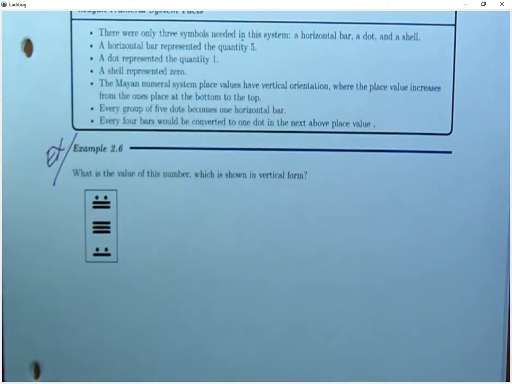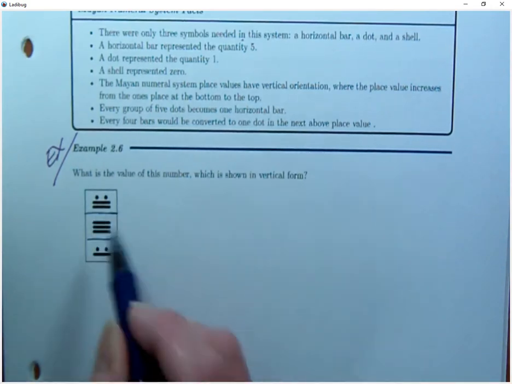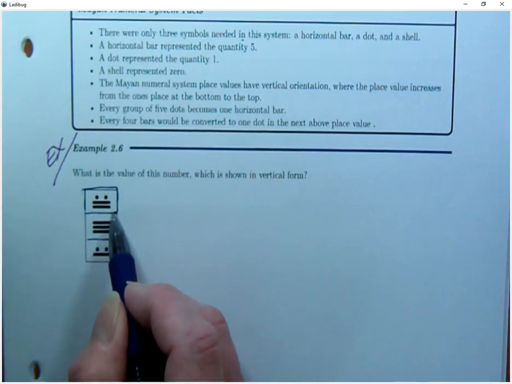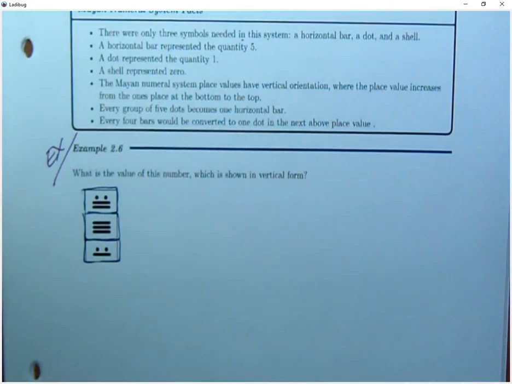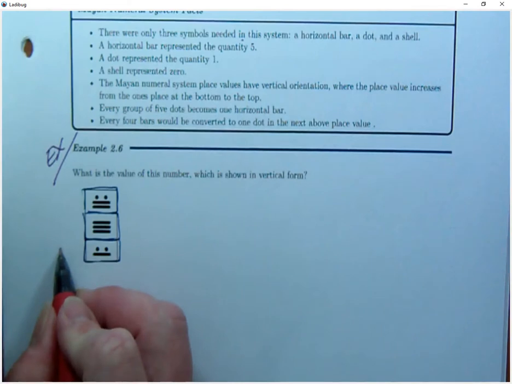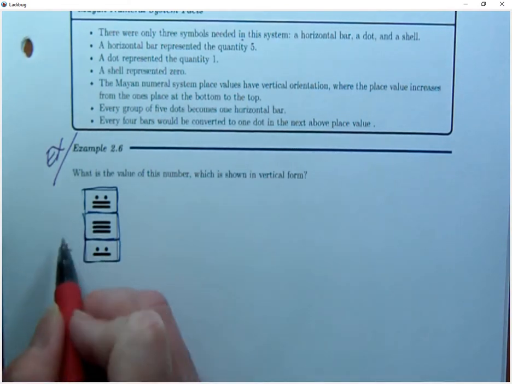It might be helpful for you if you just make these into boxes here. Sometimes that just helps you single out what you're looking at for each place value. So here we have the ones. It goes from bottom up to top, lowest to highest.